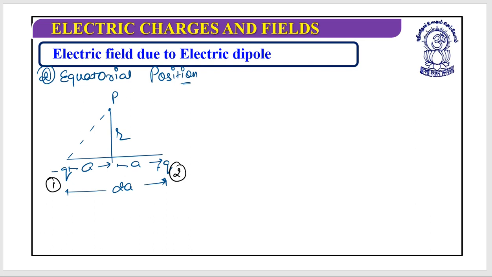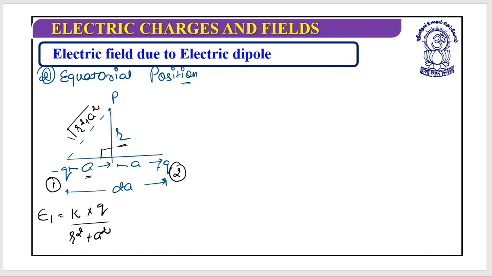Now first, what would be the electric field due to charge 1? It's k multiplied by q divided by the distance squared. Look at this. This is r, this is a. According to Pythagoras, the hypotenuse is the square root of r square plus a square. I need to square this. So it would be kq by r square plus a square, because my standard formula is kq by r square, and my r is the square root of r square plus a square.